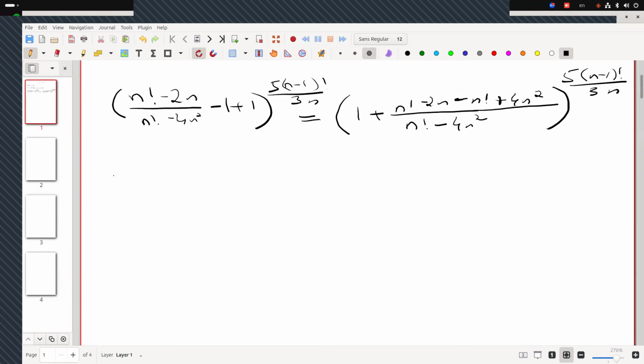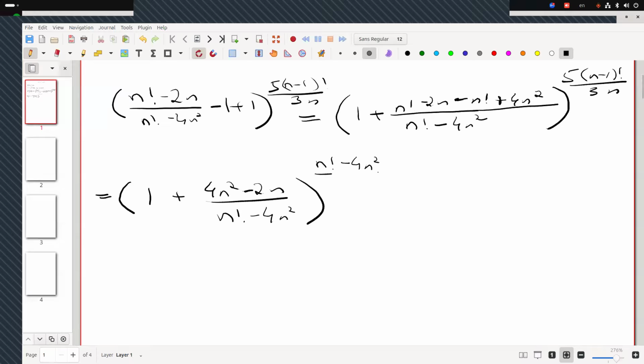Okay. After simplification, we get 1 plus 4n squared minus 2n divided by n factorial minus 4n squared. The useful limit says that we have 1 plus 1 over xn taken to the power of xn, where xn is n factorial minus 4n squared divided by 4n squared minus 2n.